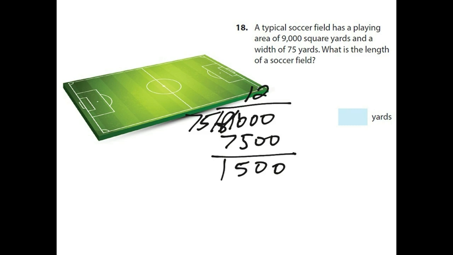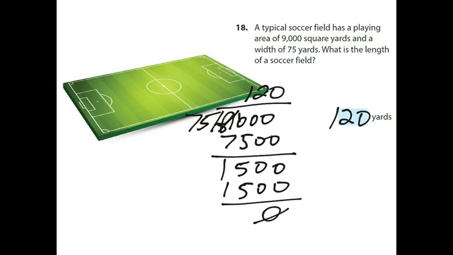So 20 times 75 is 1,500. Put my 0 there. 120 yards. Yeah, it takes a lot of our multiplication skills, division fact skills, multiplication fact skills, subtraction, addition skills, all the skills that we use in long division.